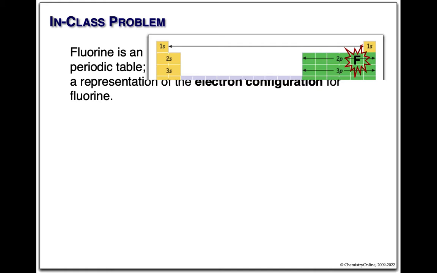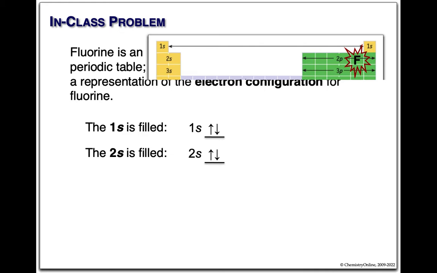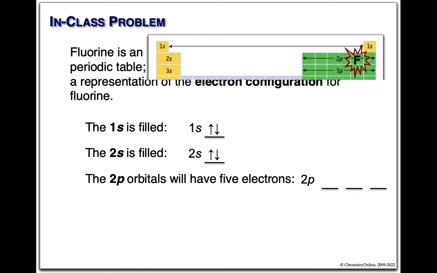Okay, that means that the 1s is full. 1 up, 1 down. The 2s is also full. 1 up, 1 down. The 2p, we have 3 orbitals. We will put them in 1 at a time, up, up, up.